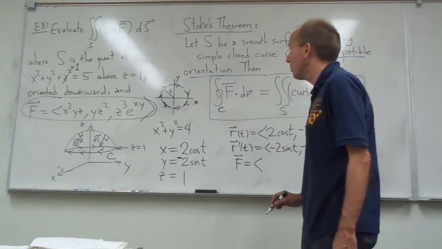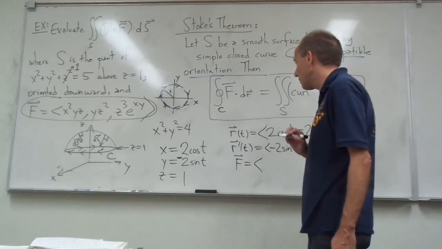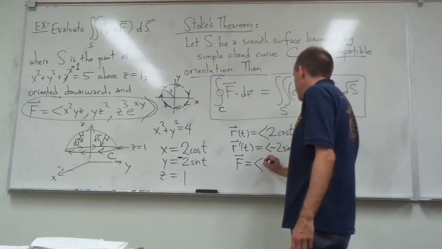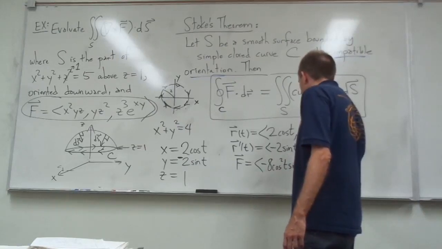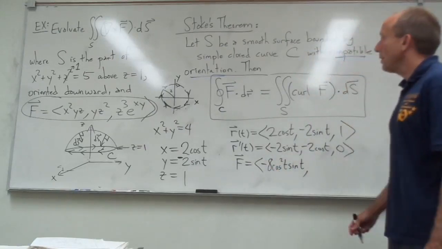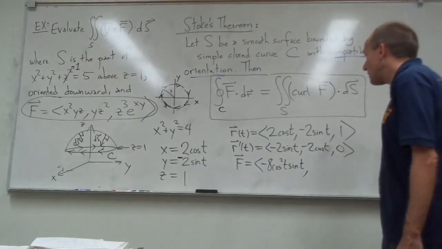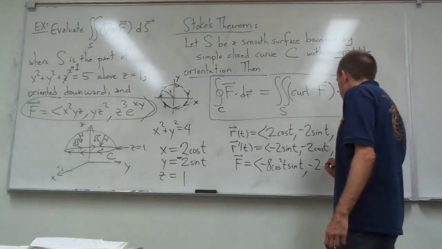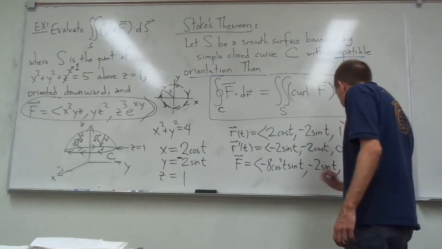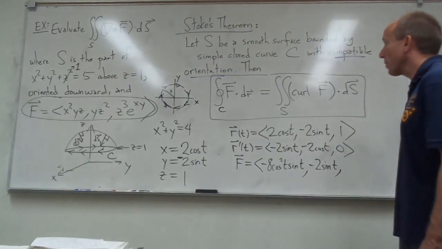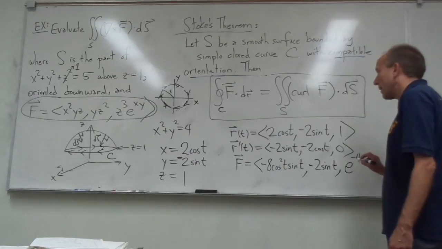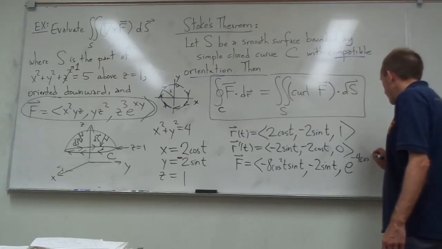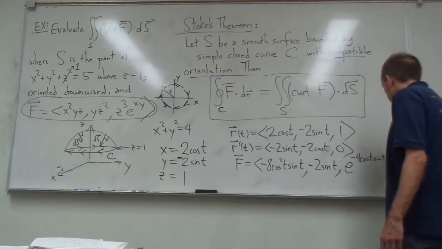We have x squared y z in the first slot. That's going to be negative 8 cosine squared of t sine of t. And in the middle slot we have y z squared. That's just going to be negative 2 sine of t. And in the third slot we're going to have z cubed times e to the xy. That would be e to the negative 4 cosine of t sine of t.